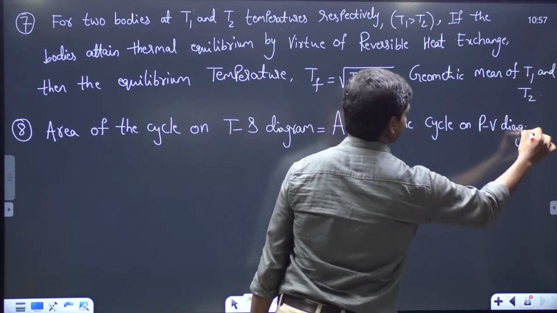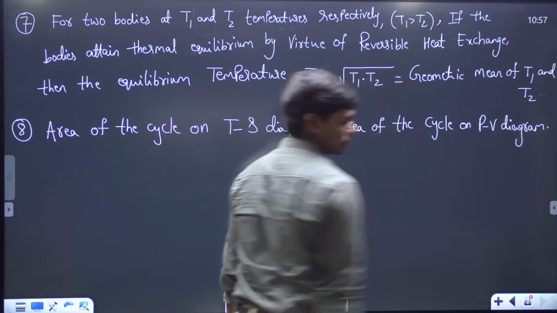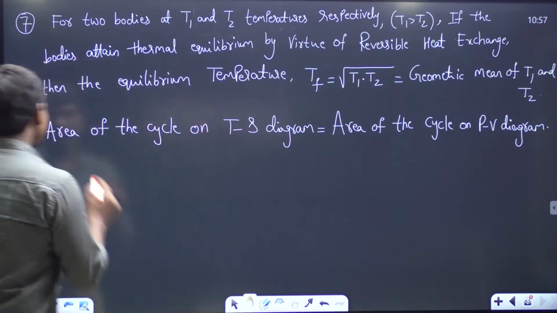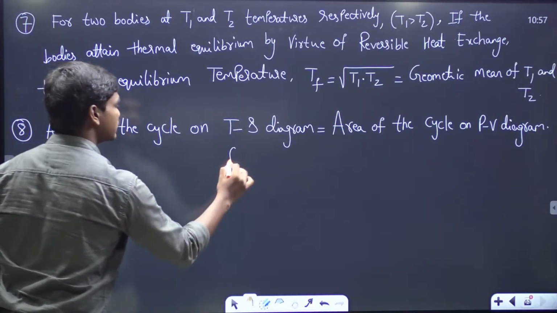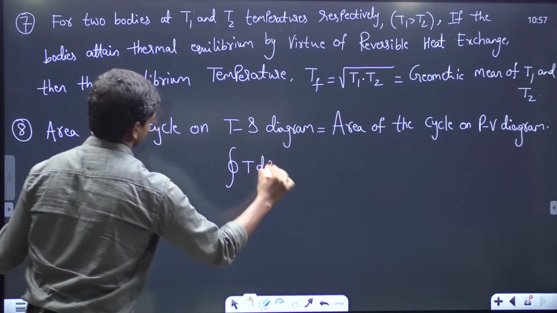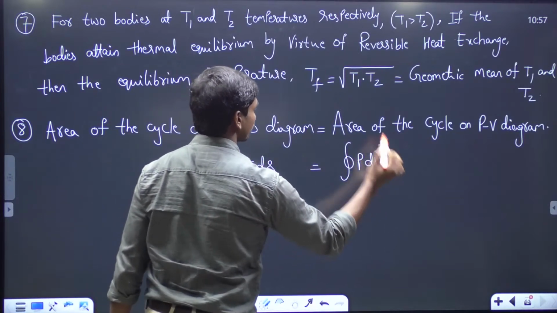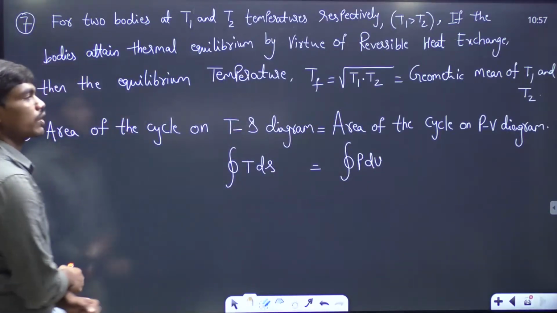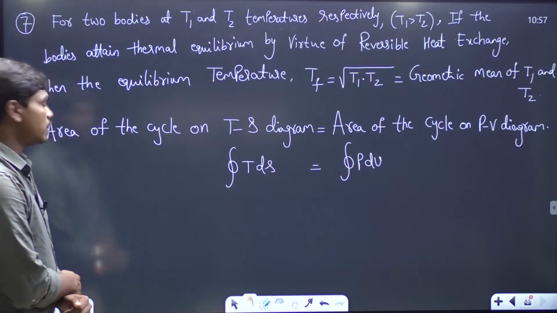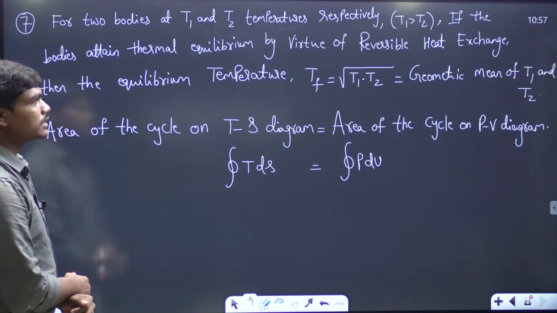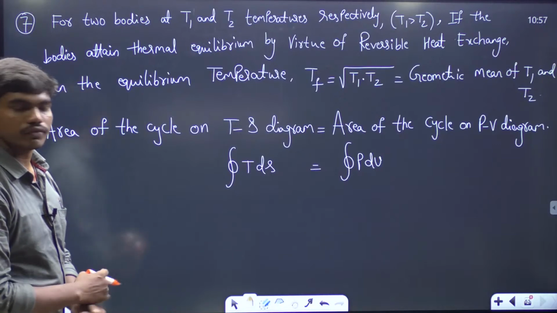Please don't mind if I am killing some mosquitoes, because they are disturbing me. So we have cyclic integral TdS is equal to cyclic integral PdV. Okay. So this is what we have seen.